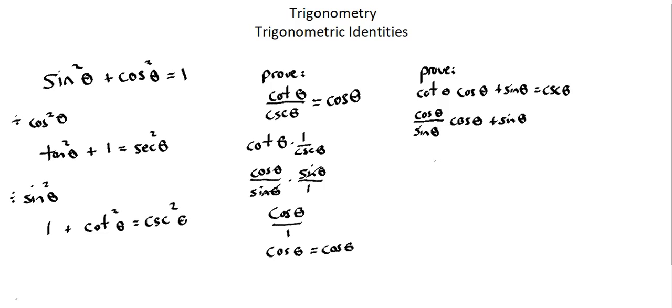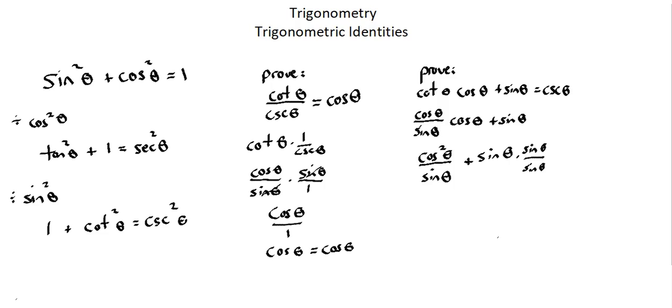Now, cosine of angle times cosine of angle is cosine of angle squared over sine of angle, plus sine of angle. And now I will multiply sine of angle by sine of angle over sine of angle.